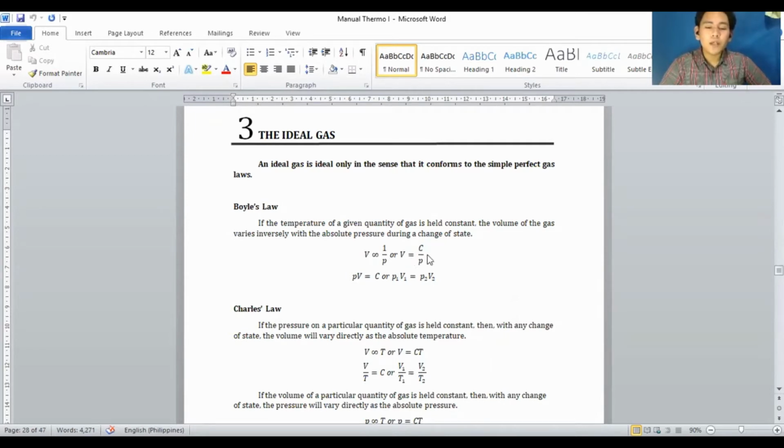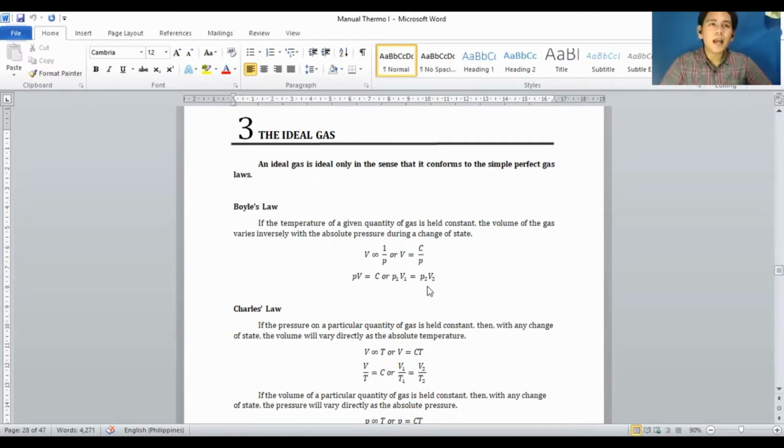So, if your temperature is constant, we yield this kind of equation. Using the derivation, we get PV equals a constant. Now, P1 V1 equals P2 V2.